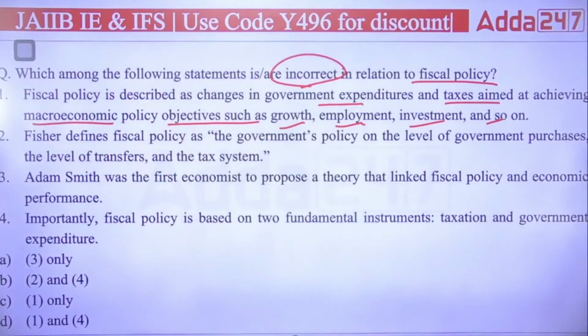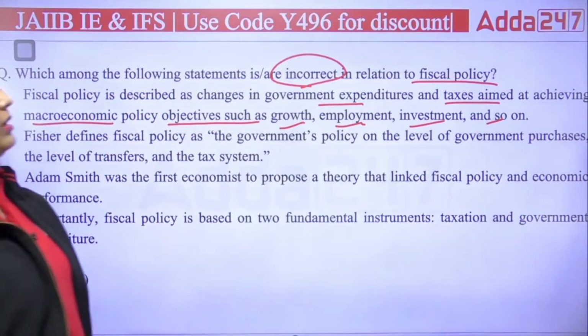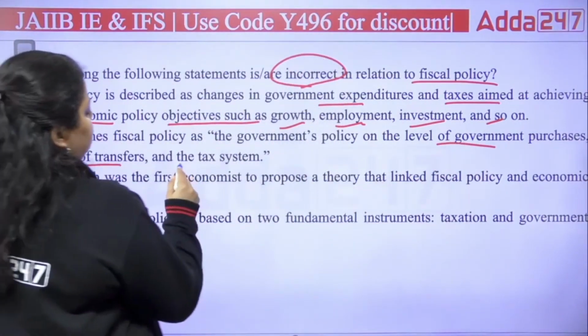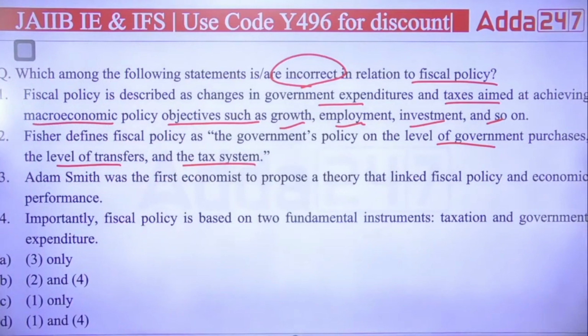Okay. Second, Fisher defines fiscal policy as the government policies on the level of government purchases, the level of transfers and the tax system. Okay, so what we are talking about here? Fisher defines fiscal policy as the government policy on the level of government purchases, the level of transfers and tax system.